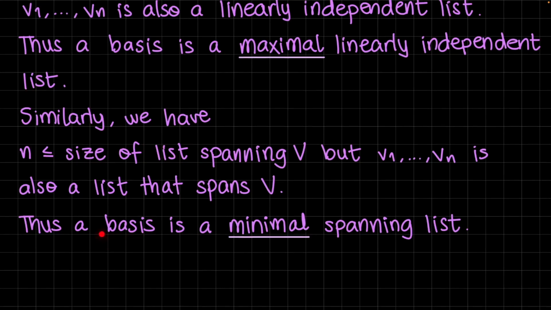So that means a basis is the only kind of list that will saturate this and attain this lower bound. So a basis, therefore, is a minimal spanning list.